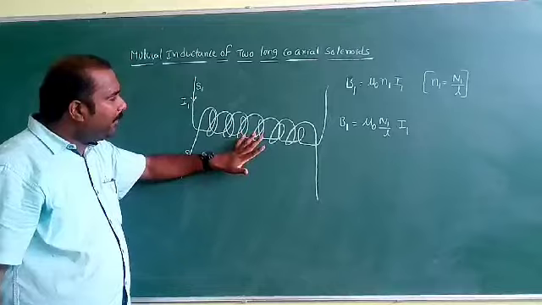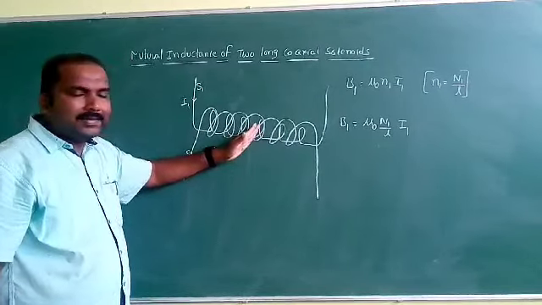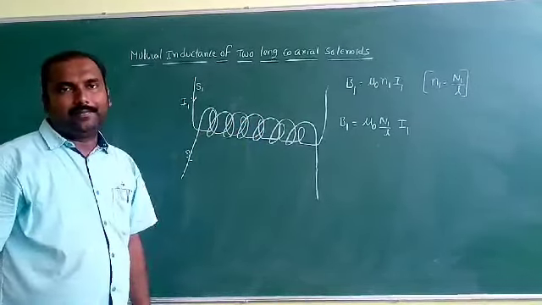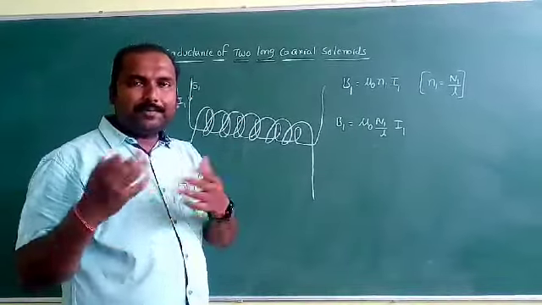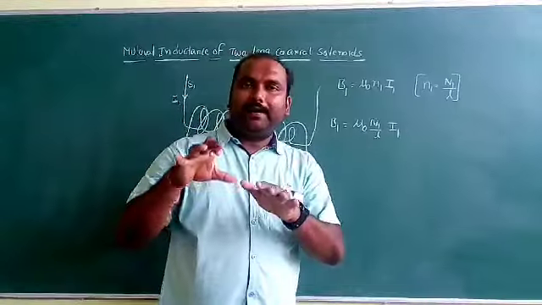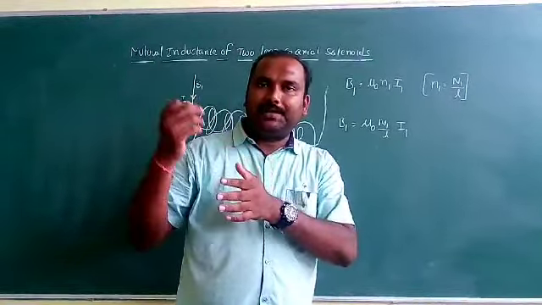Because of this magnetic field, the magnetic flux is changing in the second solenoid. The magnetic field is produced in the first solenoid, so the nearby solenoid's flux changes.